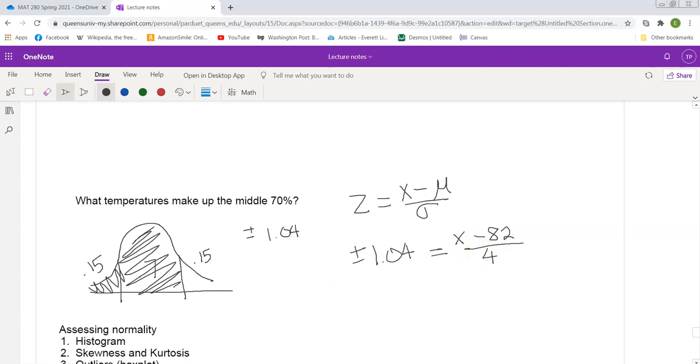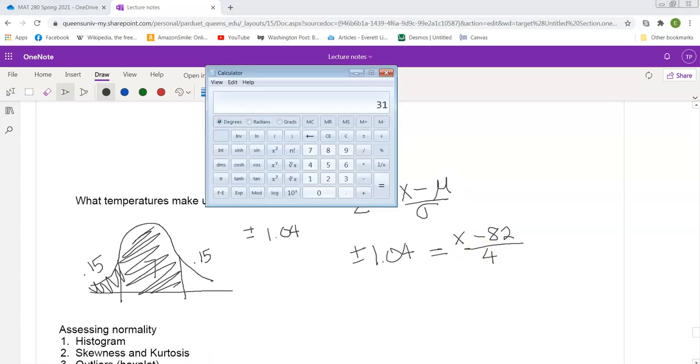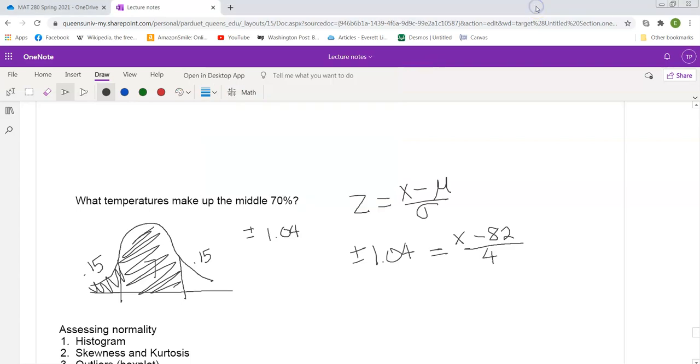So 1.04 times 4 is 4.16, and this is still plus or minus. And that's x minus 82.